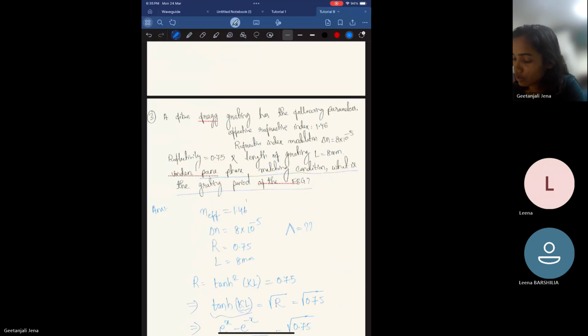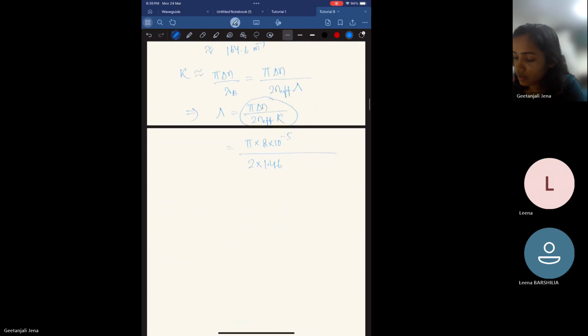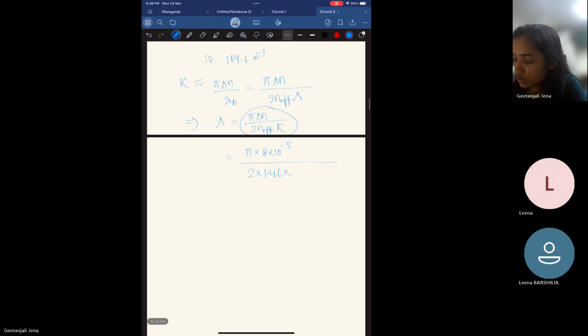Okay, 1.46, and this is 8 mm. Okay, so κ is 164.6. So this will give a value of 523 nanometer. Okay, so this is the answer.